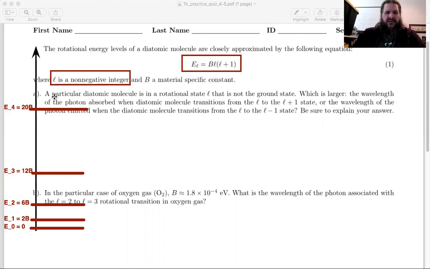So in part A, it's saying we've got a particular diatomic molecule that's in a rotational state that's not the ground state. And it doesn't specify which one it is, but let's assume it's in, I don't know, maybe state 3. So let's say right now it's in state 3.